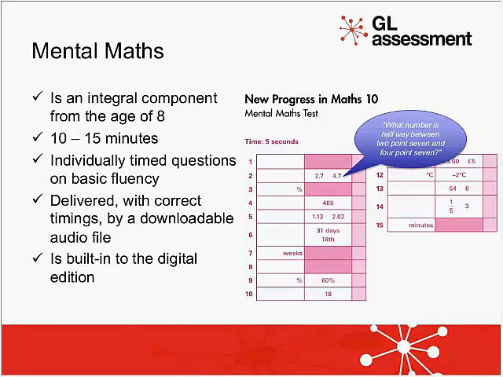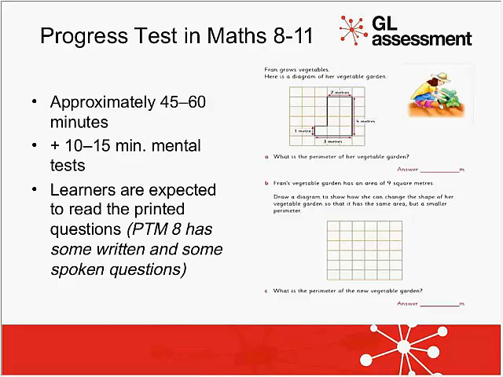Progress test maths 8 to 11, slightly longer, around 45 minutes, again up to 60 at the top end of that range. Mental maths on top of that, 10 to 15 minutes. And for most of that age range, the learners are expected to read the printed questions. There's not a lot of reading to be done.